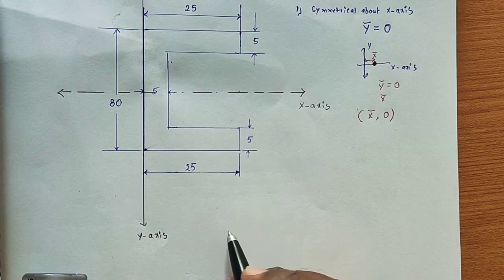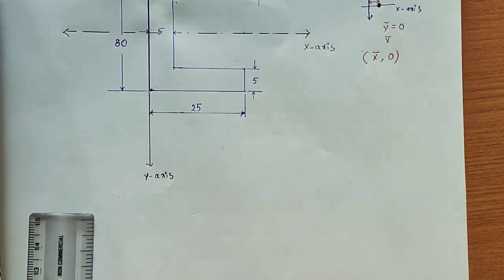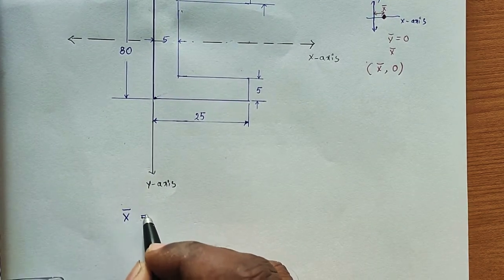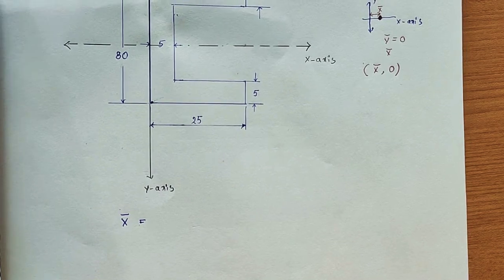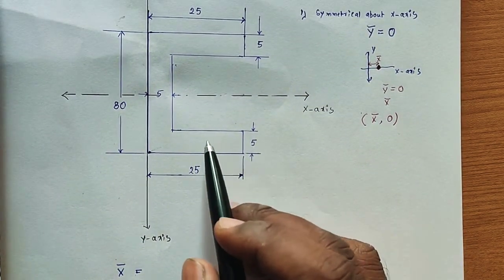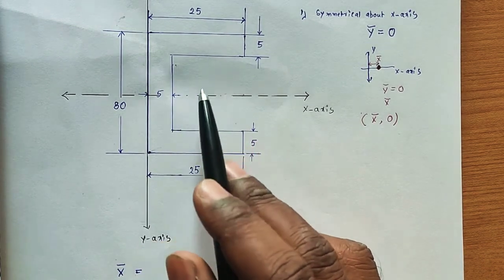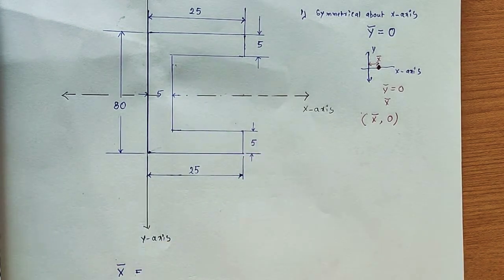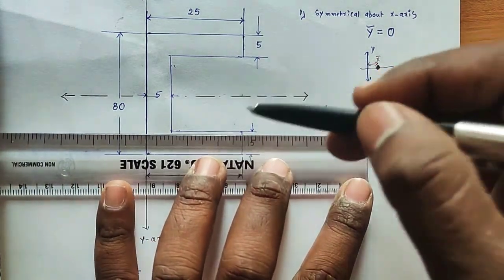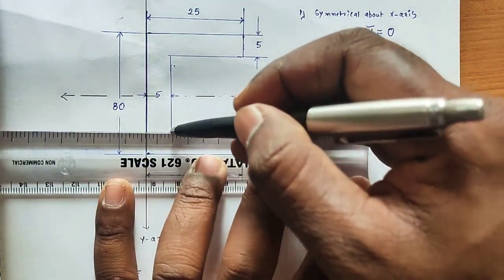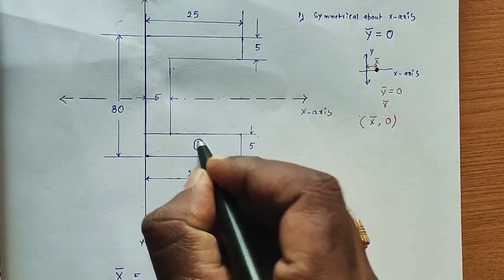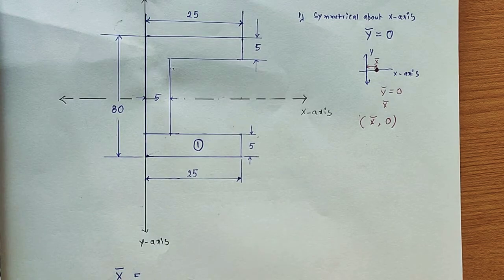So here from the formula, x bar equal to... The second step is we are going to split this total section into a number of elements. So here we are dividing, this as the first element, the first rectangle.